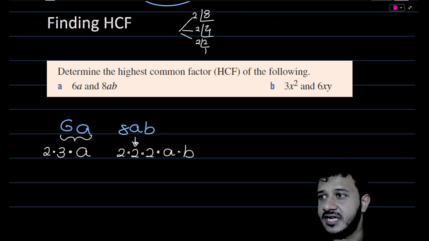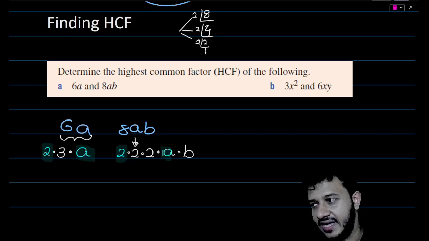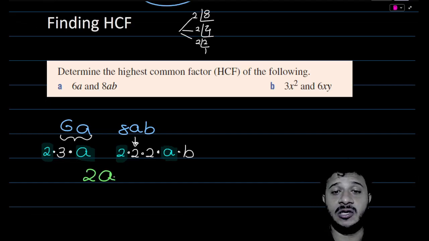Now, after that, Rishan, this whole process should work inside your brain. You can detect that both of these expressions have a 2 in common, and both have an a in common. So the highest common factor will be 2a. Not 2 times 2, not a times a.